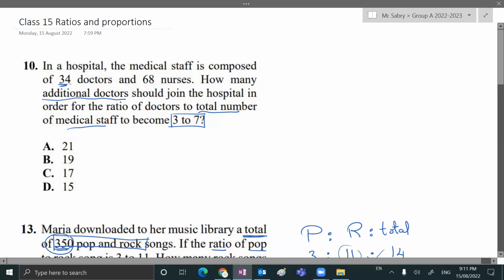What do I mean by that? أول حاجة قال لي عليها، قال لي إن في doctors و nurses. So there is doctors and there are nurses. And then بقى بيتكلم بعد كده على ال total medical staff, which means I need كمان to find the total. طب what is the ratio right now of doctors to nurses? There are 34 doctors and 68 nurses.